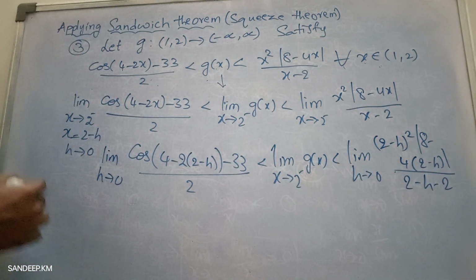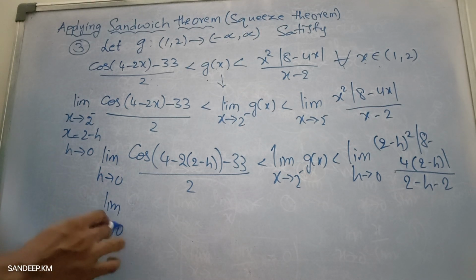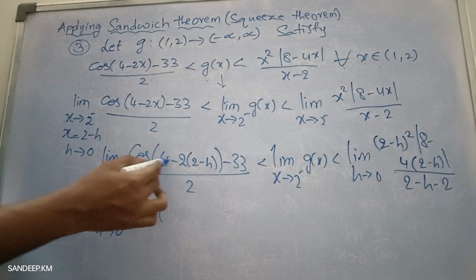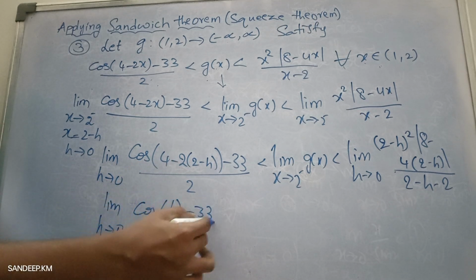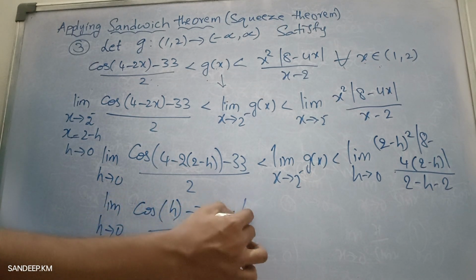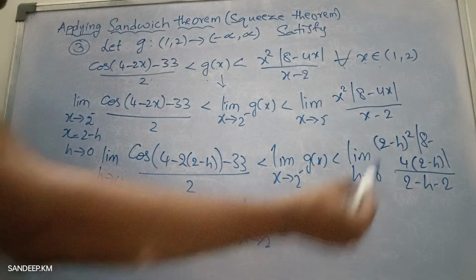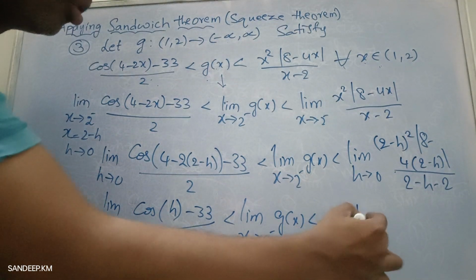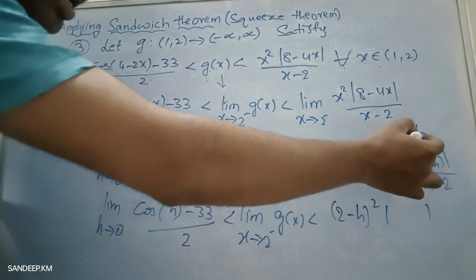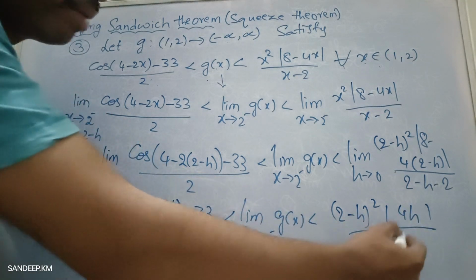Now if you simplify this value, you will get what? Limit h approaches 0, cos of 4 minus 4 will get cancelled, minus into minus plus h, minus 33 divided by 2, less than limit x approaches 2 minus g of x, less than, and here observe inside the modulus, (2 minus h) whole square into mod of 8 minus 8 will get cancelled, we will get 4h, divided by minus h.